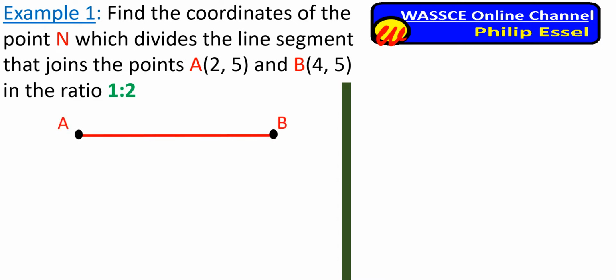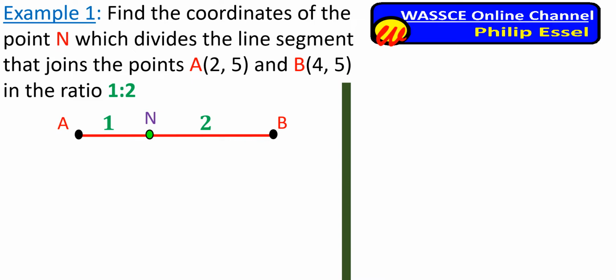So first, let's draw the line segment that joins the points A and B. Next, let's show the point N that divides the line segment AB into the ratio 1:2. So let's show this on the line segment.